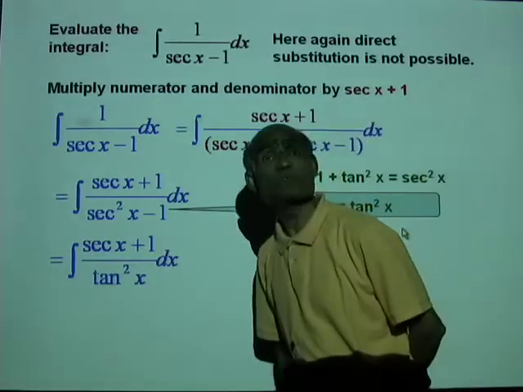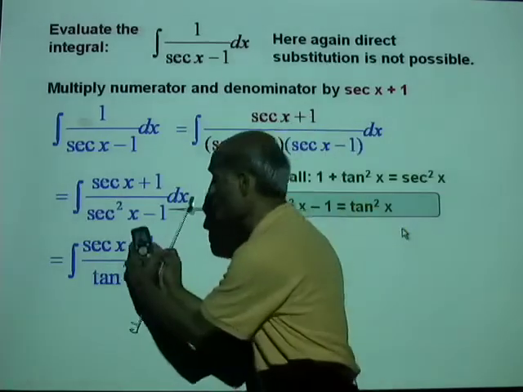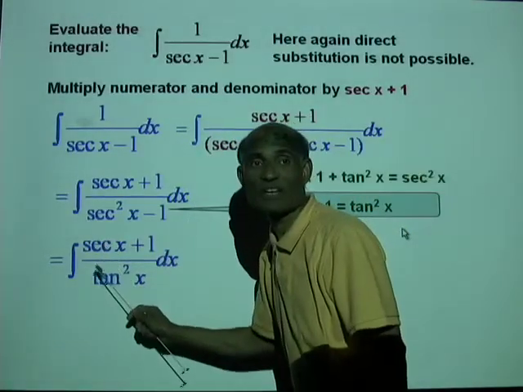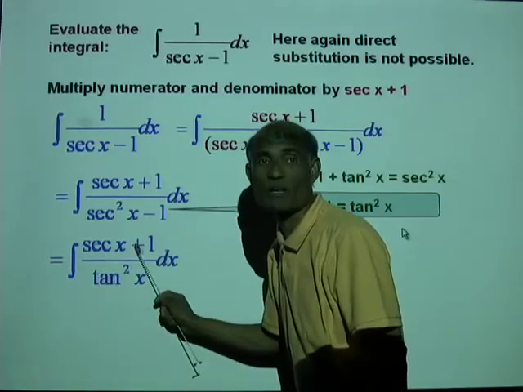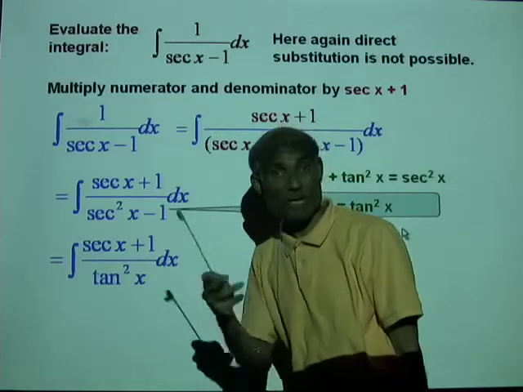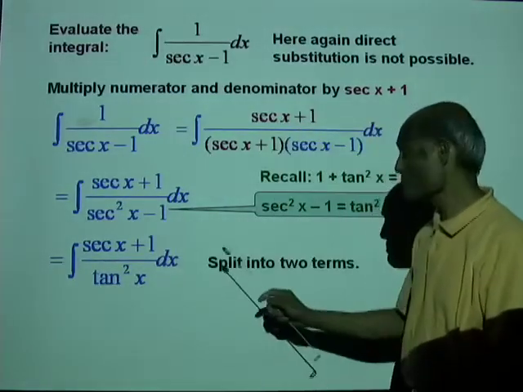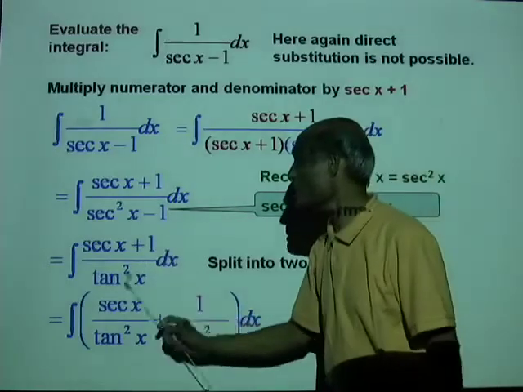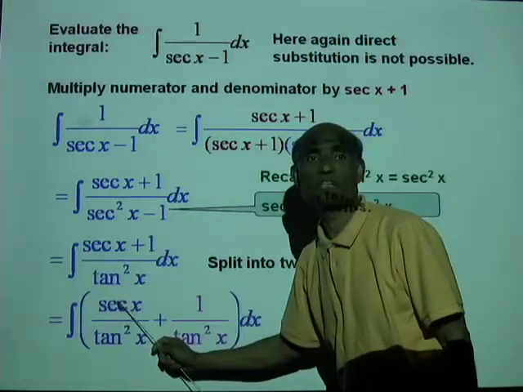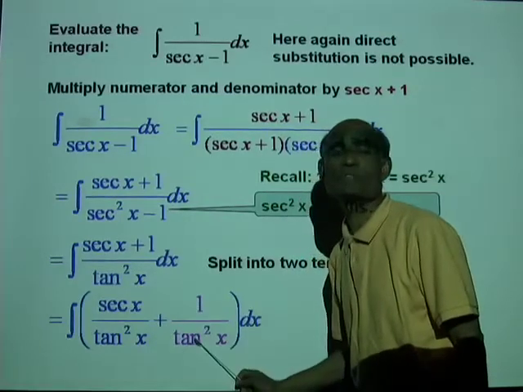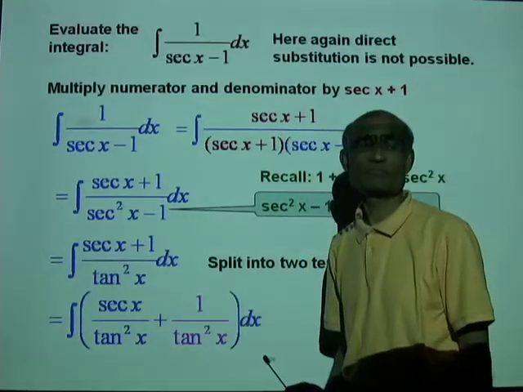And now the next thing we can try is to split this into two pieces. You see, this can be written as secant x over tan squared x plus 1 over tan squared x. Is that right? Try that. So split this into two integrals, that are two terms. That would be integral secant x divided by tan squared x plus 1 over tan squared x dx.